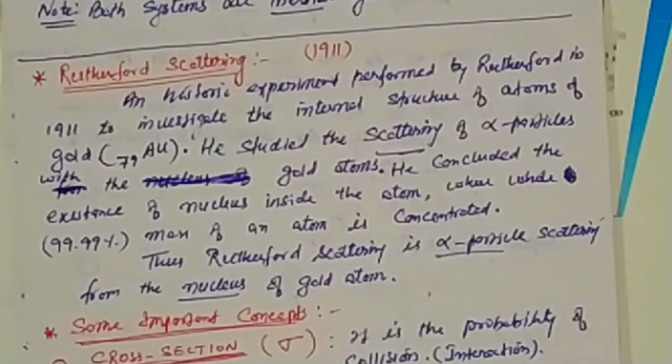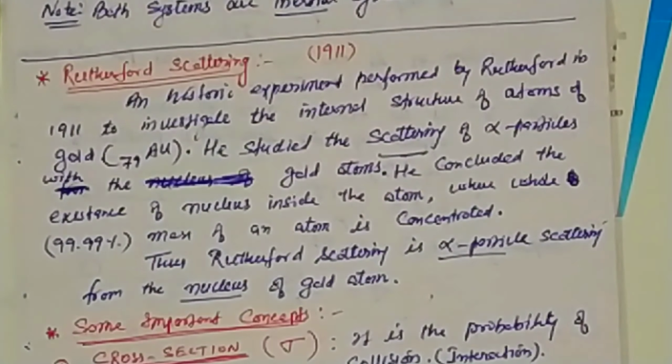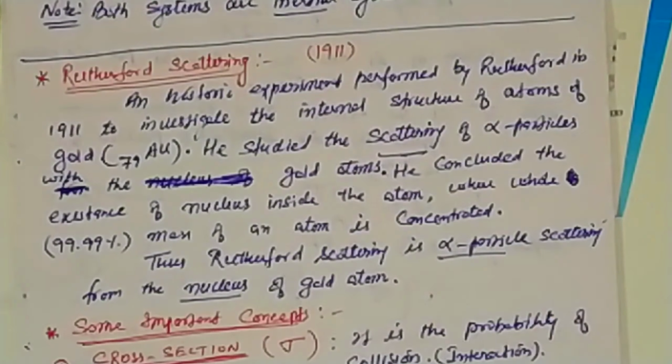He allowed an alpha particle beam to fall on a gold foil, and he observed the scattered alpha particles at different angles. From the observations, he concluded that the whole mass of the atom is concentrated in its center, which is termed the nucleus.